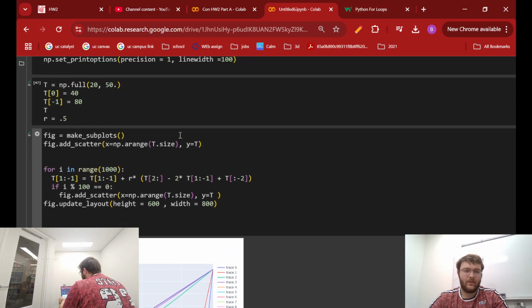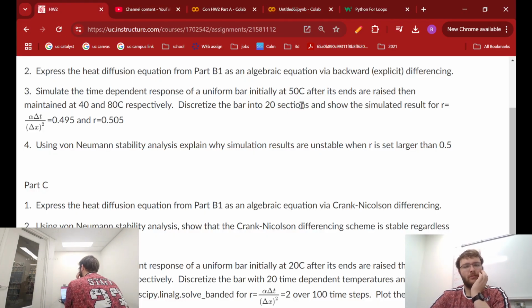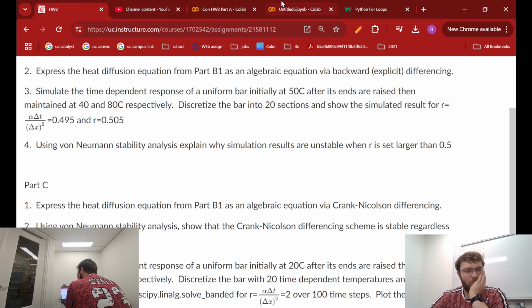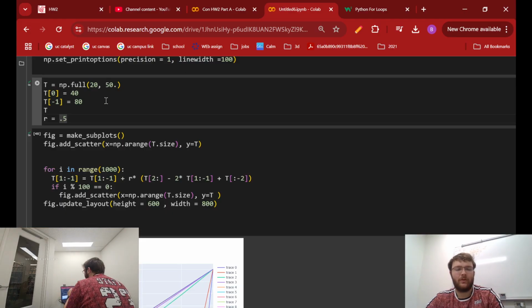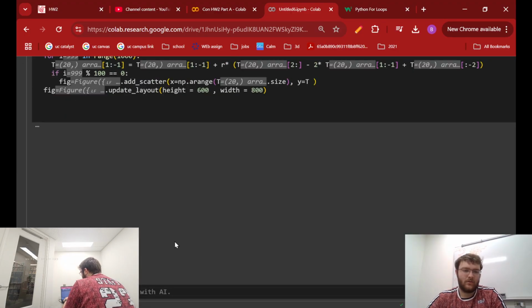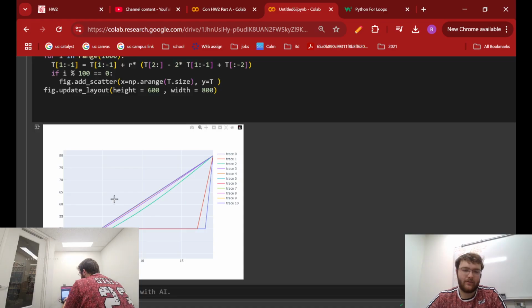So with that, then we can start to change our R values, I believe, and show the simulated result for R. 0.495. So R is 0.495.